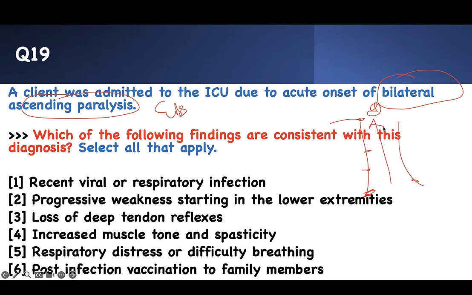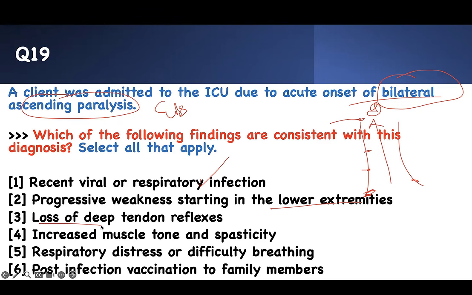Content regarding that, you can find it on Adapt NCLEX. But what is number 1? Recent viral infection, check. Either viral or GI. Progressive weakness starting in the lower. The answer to a question that says bilateral ascending paralysis. This is ascending. If you have paralysis, you're going to have loss of deep tendon reflex.